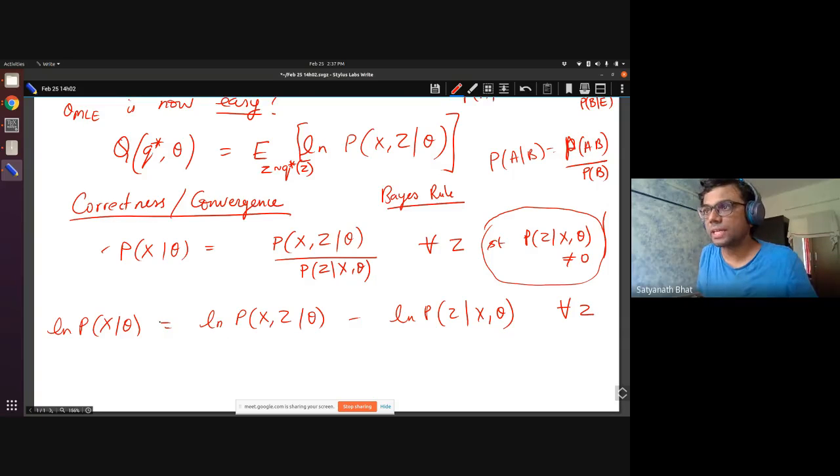So what I will do is take expectation for z with respect to some q. That is the next step. This is not a function of z. So if I take expectation with respect to q of z on both sides.